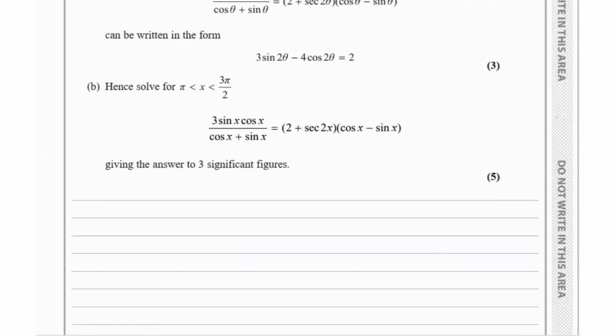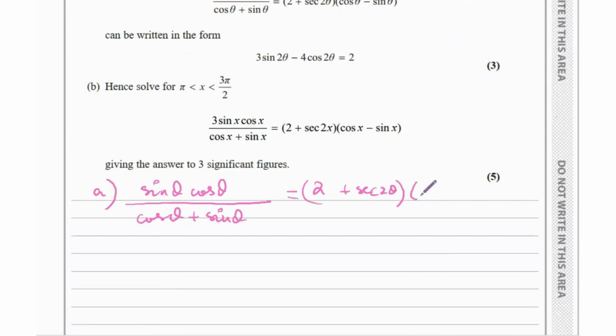So we're going to start with writing the equation first. For this type of question, you need to know how to identify which identity to use and when. So firstly, one identity is that 2 sine theta cos theta equals sine 2 theta.